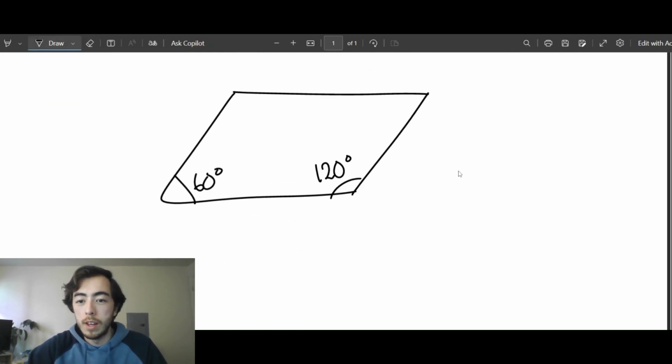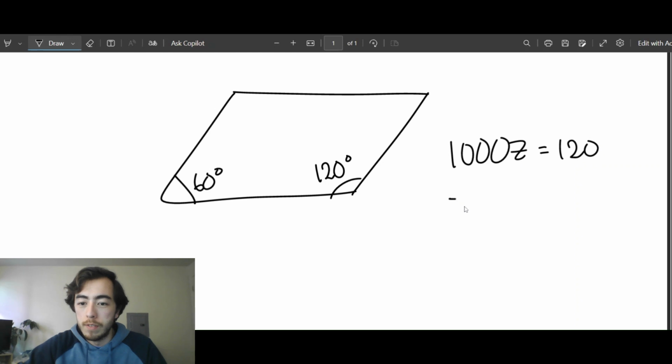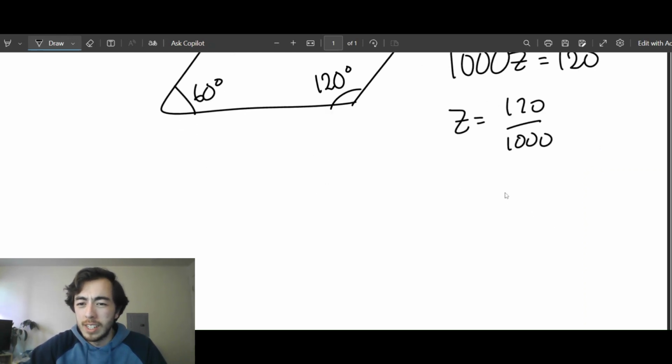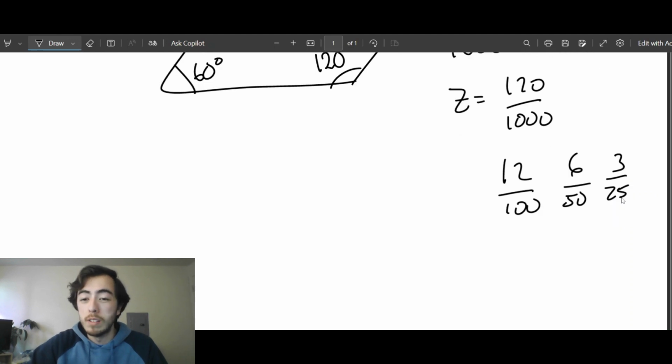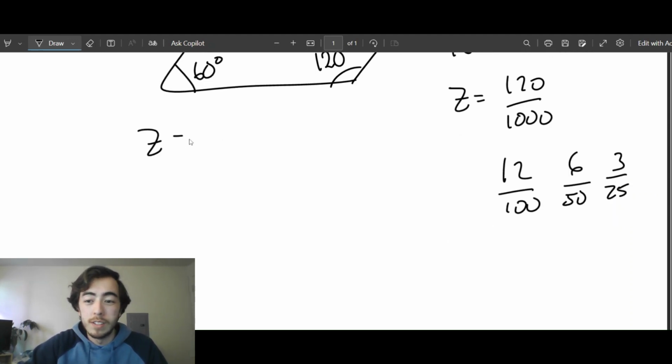And so I know that 1000z is going to be equal to 120 degrees. We could divide both sides by 1000 and then simplify this fraction. That's going to be 12 over 100, 6 over 50, 3/25. Okay, there it is. So z is 3/25 today.